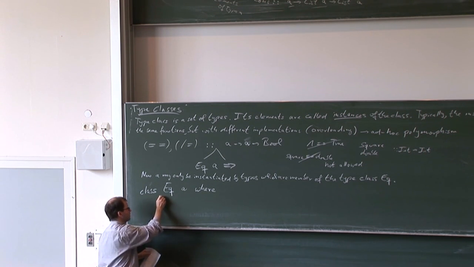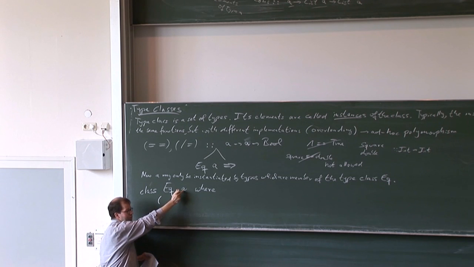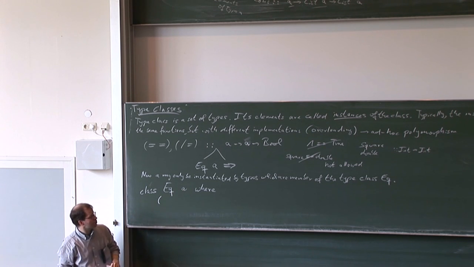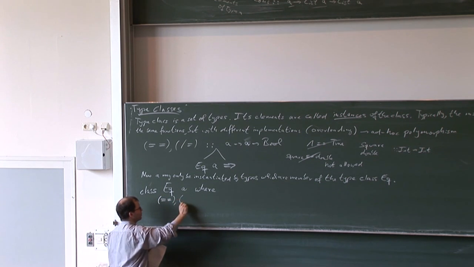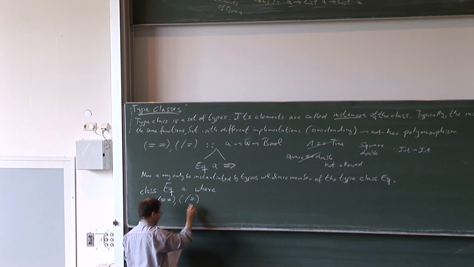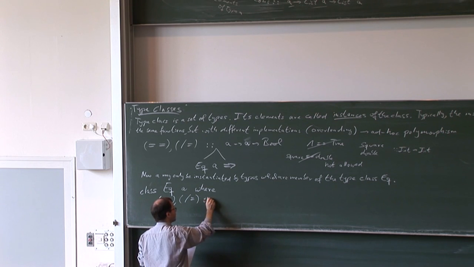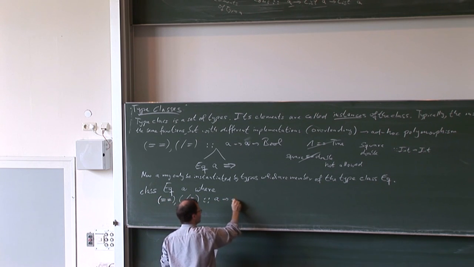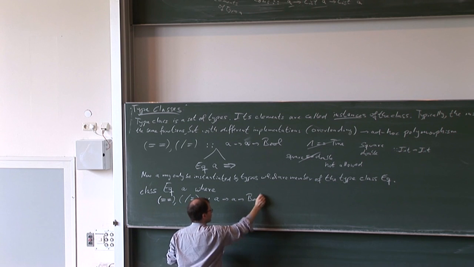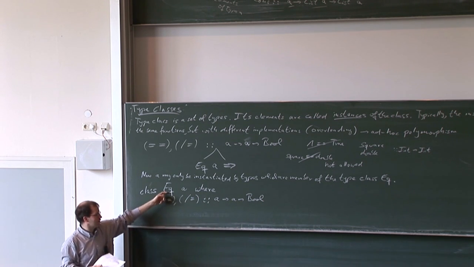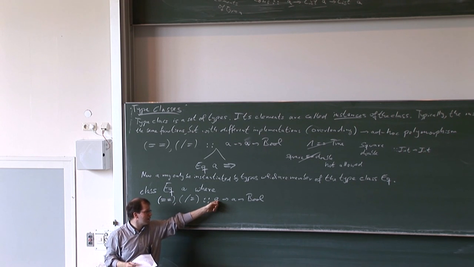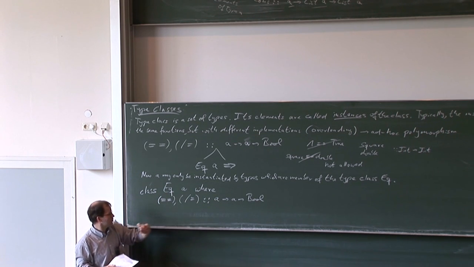So for example, for every type in this type class, the functions equality and disequality are present. They would have indeed the type A to A to bool. Here these are just the A's which are in this type class. So for these A's, we are sure that they are in this type class EQ.